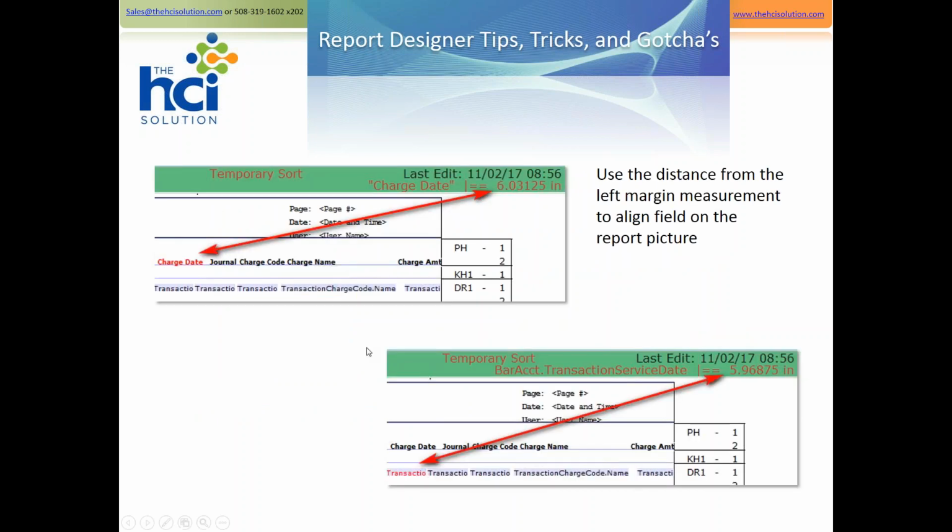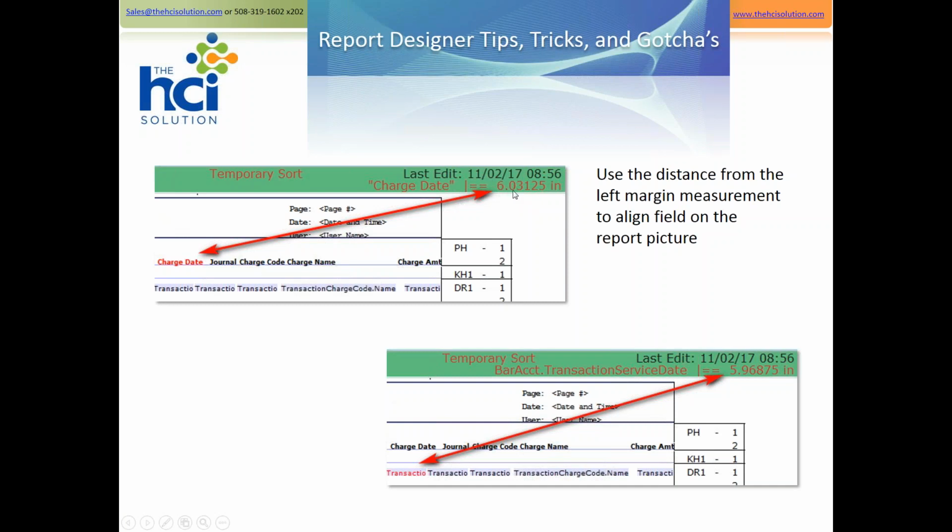When you have a field or a label selected, you'll see up in the top right-hand corner the Report Designer gives you a measurement in inches. I think this little line diagram is supposed to represent the left margin. So this is how many inches away the field is from the left margin.